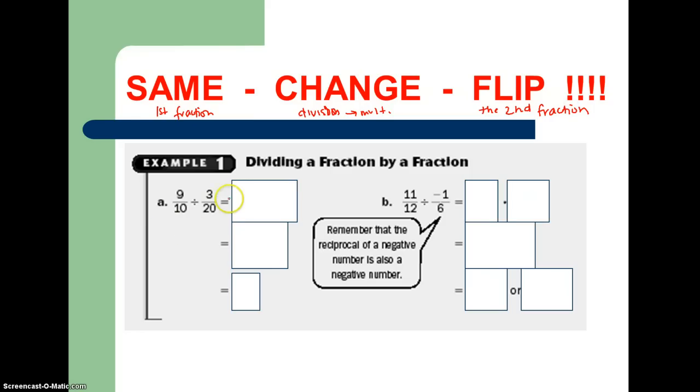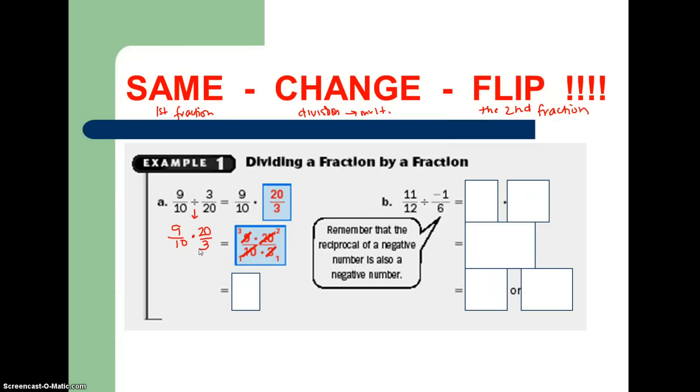First fraction stays the same, change division to multiplication, flip to the reciprocal, and then you multiply straight across.